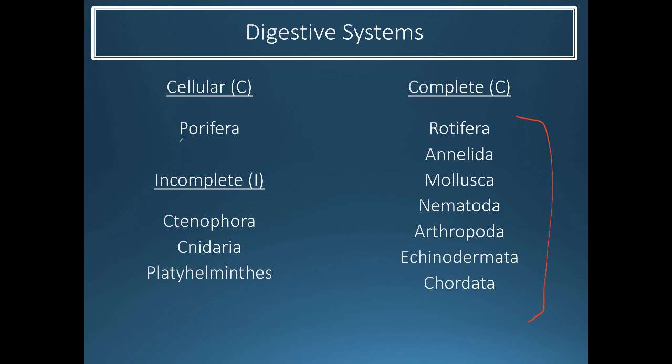We didn't mention porifera because they don't have either an incomplete or a complete digestive system. Rather, they use a cellular-based digestive system. Again, as we will see as a common theme, porifera will routinely be the outlier, not having all of the same characteristics that most of the other animals have.